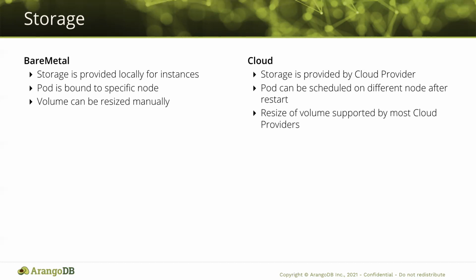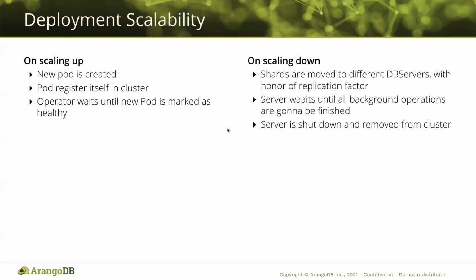But as this storage is not tied to a particular node, Kube-Arango can actually restart a pod, for example a DB server, on a different node, and reattach that volume, where all the data is already at, to that newly started pod. It also supports the resize options of most cloud providers, as they offer an interface where you can say, I want to scale that volume up or down.